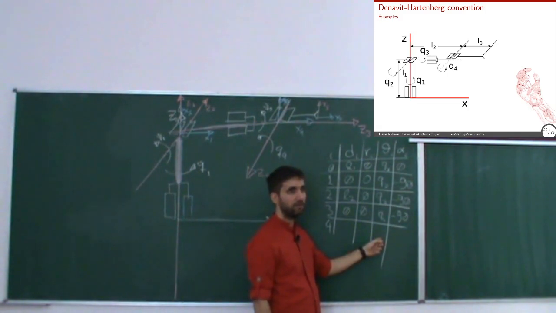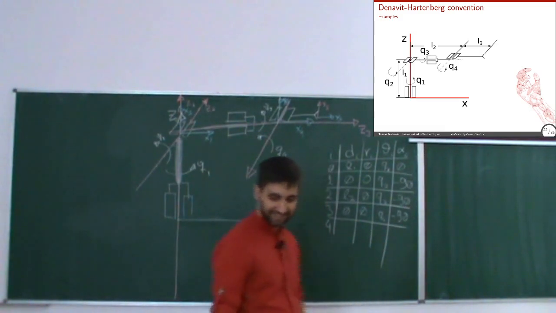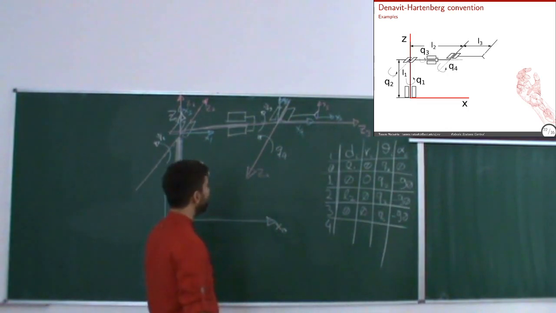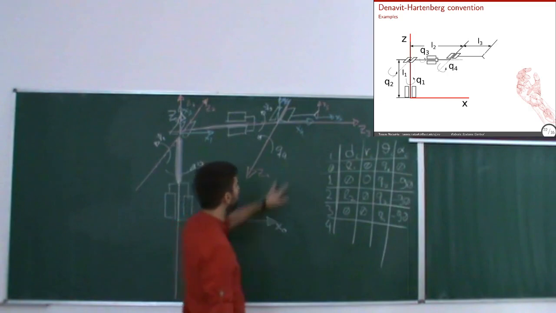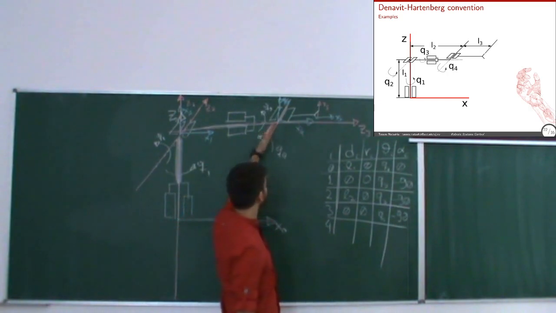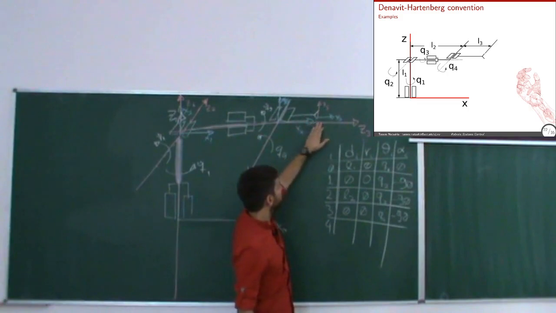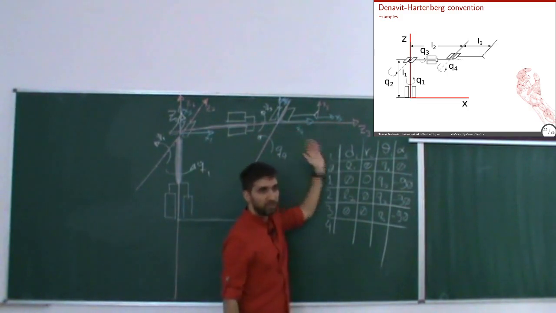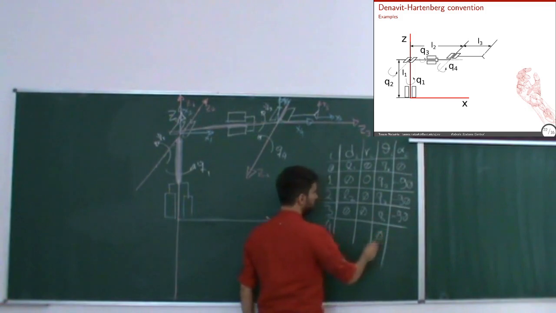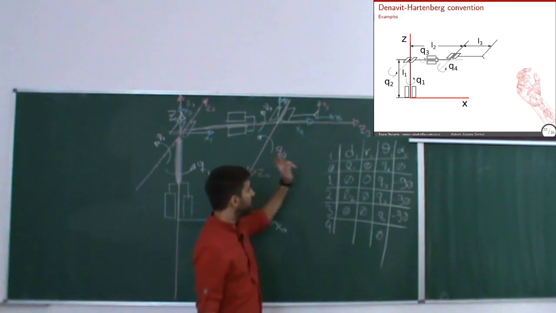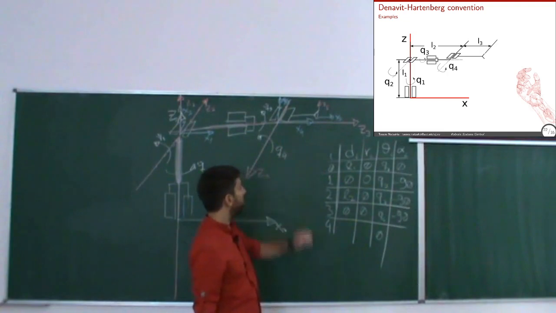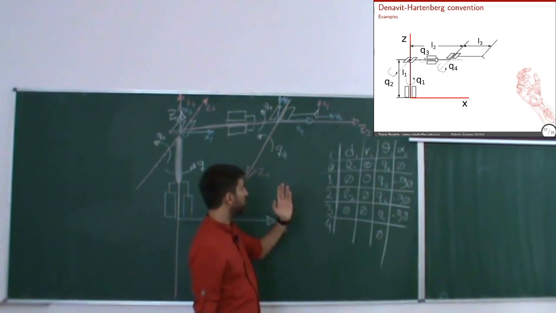Good. Next one. What should I put here? Why not Q5? You're too clever. We don't have a joint there. Why 0? Because I define x4 to be perpendicular to Z4 and Z5, and x5 to kind of continue there. So it's by my definition that it's 0. The angle between Z4 and Z5 around x4.